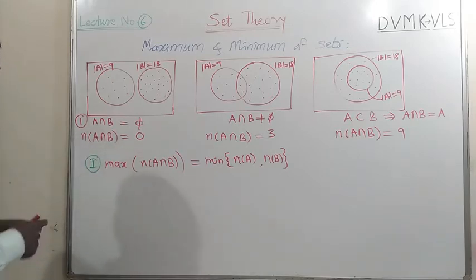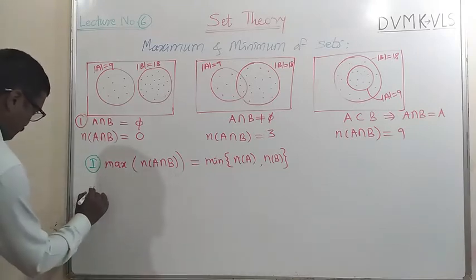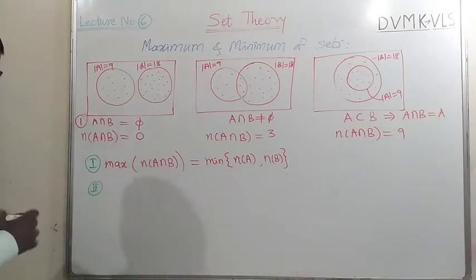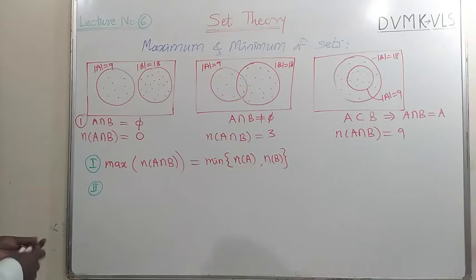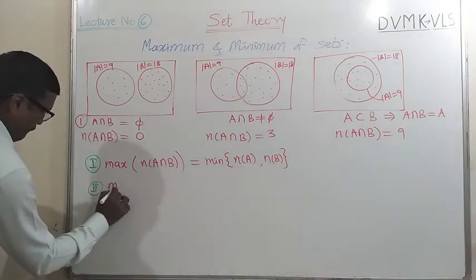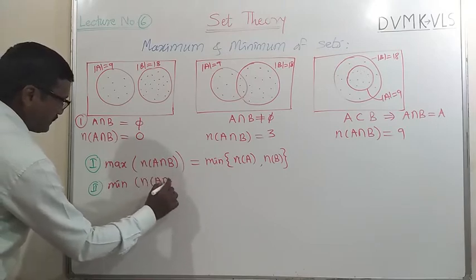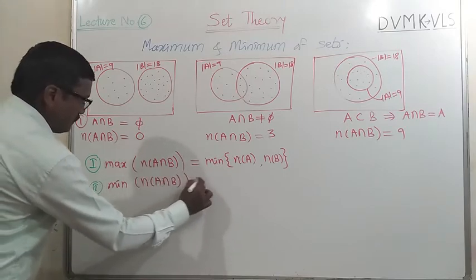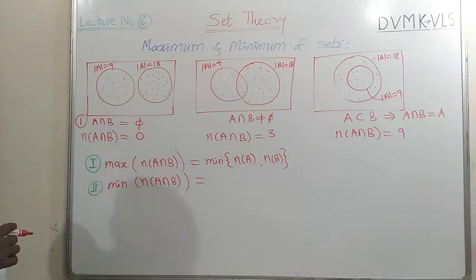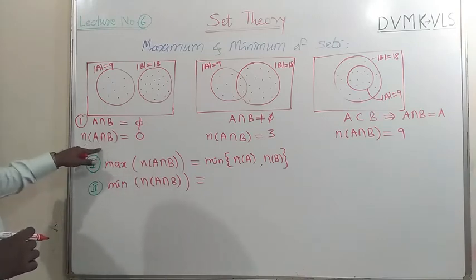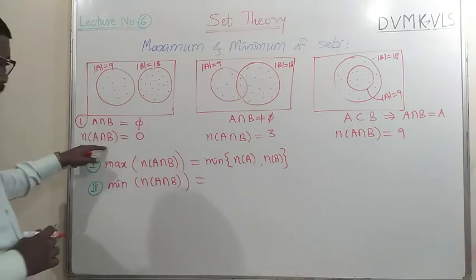Okay, now let us see the second one, about the minimum number of elements in A intersection B. Which one is the minimum number of elements in the intersection? Obviously this, 0.